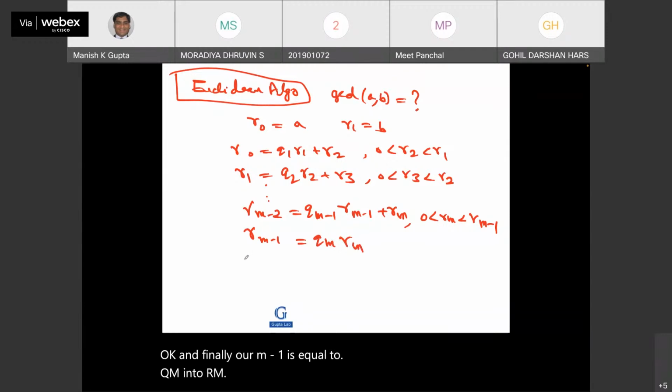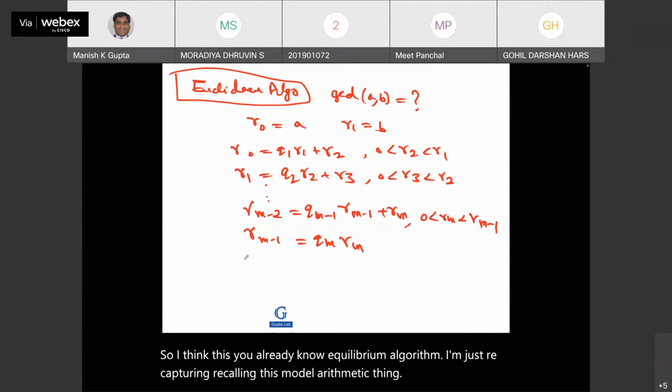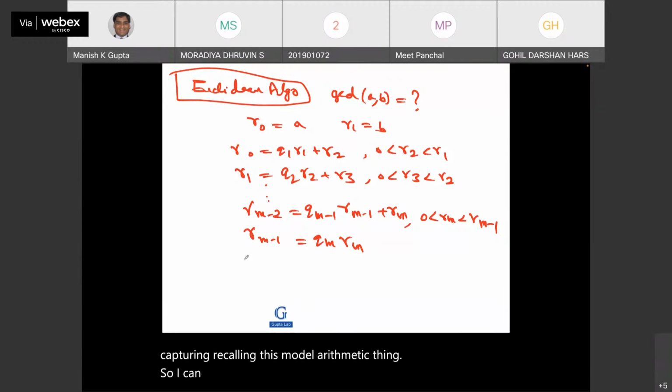I think you already know the Euclidean algorithm. I am just recalling this in the modular arithmetic setting. So I can write it in a more precise way.